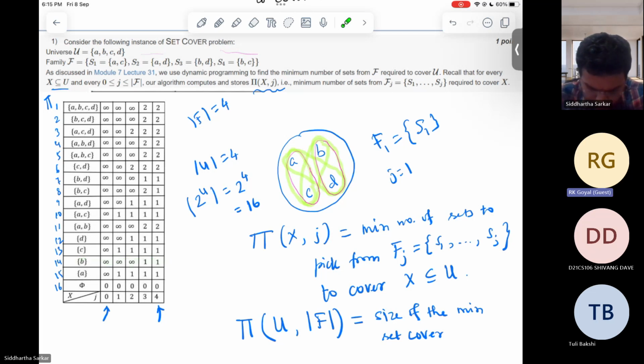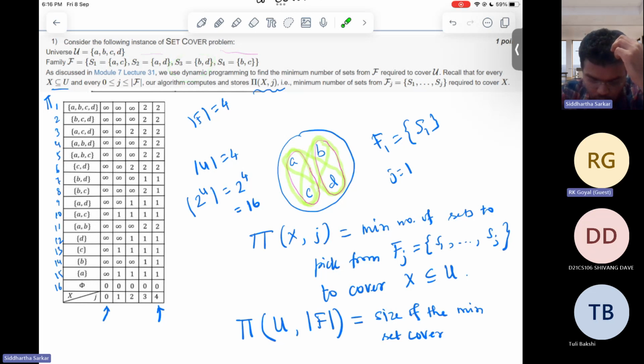So what's the interpretation of this row? This means that if you are willing to cover B only, and this is the cell corresponding to j equal to 3, so you are allowed to take S1, S2, S3, but not S4, then it is possible to take one of S1, S2, and S3 and cover B. S1 is not covering B because it has A and C. S2 also does not contain B, but S3 in fact contains B. So it is possible to take S3 and cover B, and S3 is one subset only.